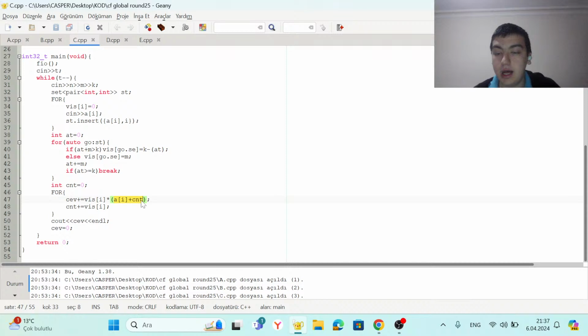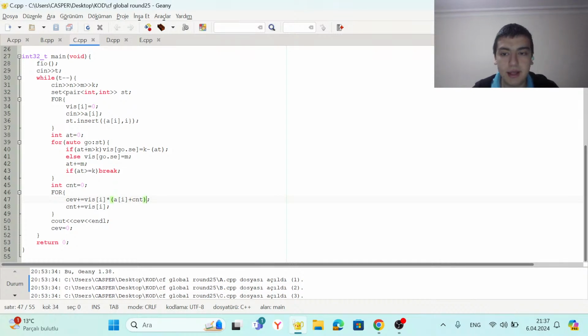A i is the value of the ticket on the ith day, and I'm adding cnt because it is the number of tickets I have bought on the previous days, so the cost of a ticket on the ith day has increased by cnt.